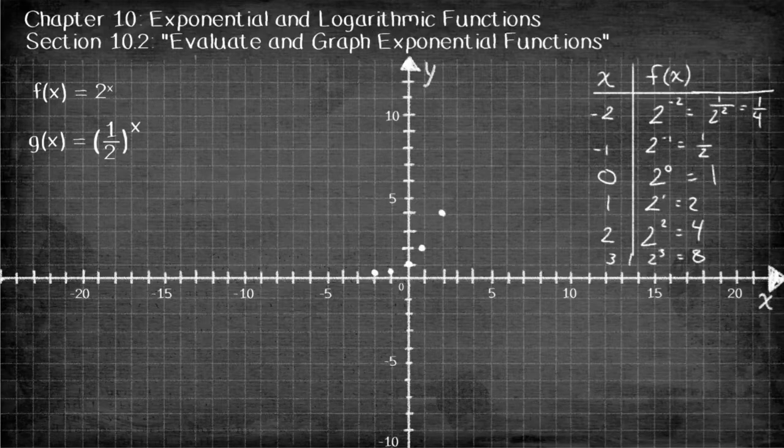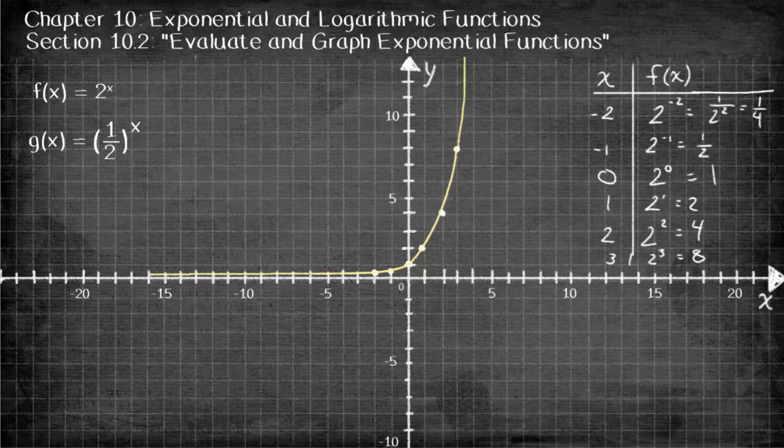So at 3, we're at 8 now. So let's see what this looks like. We have a graph that's shooting off to the right, and then kind of melting into the x-axis, so to speak, on the left, if I can draw it nicely.